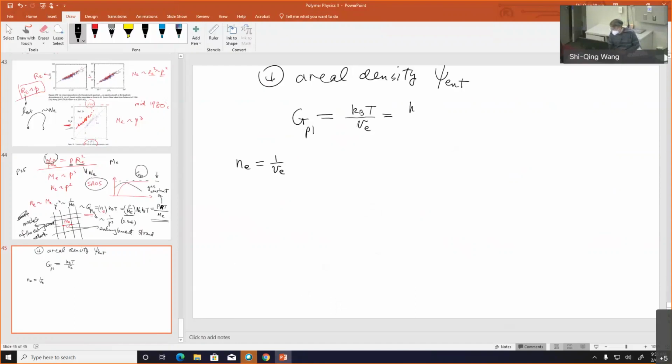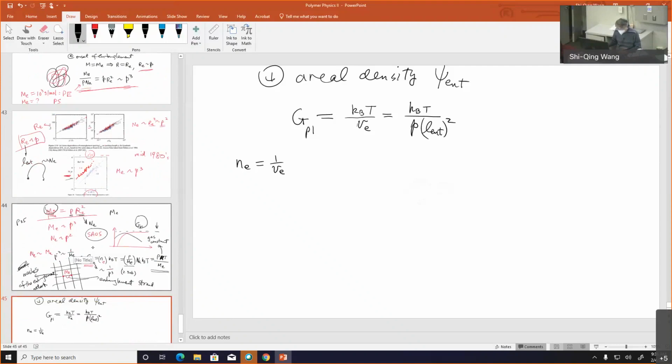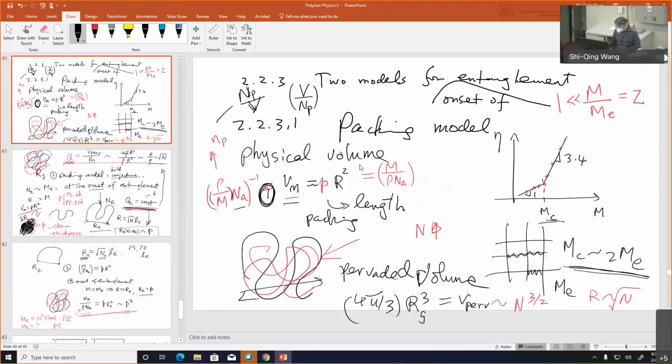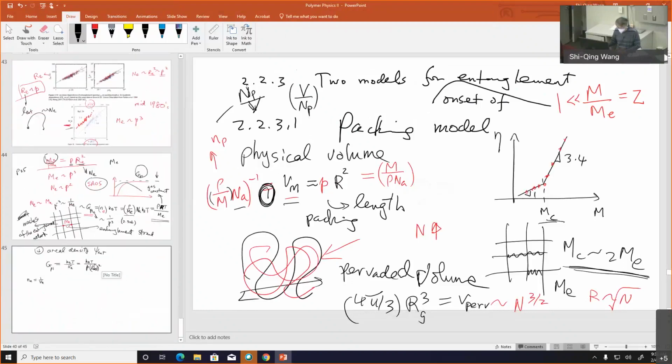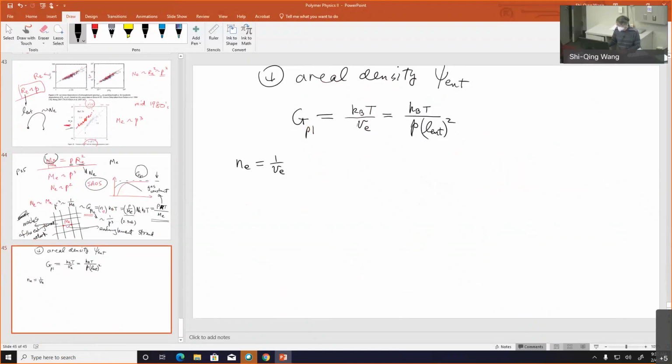And that is nothing but KT, according to the definition of packing length, and entanglement length squared. Right? I want you to draw an analogy of that so that you're not confused with what we started here, this expression. Right? The physical volume is related to its end-to-end distance of a Gaussian chain by P, and I'm repeating the same for this little Gaussian chain, which is a strand, which is a strand here, and that's this.